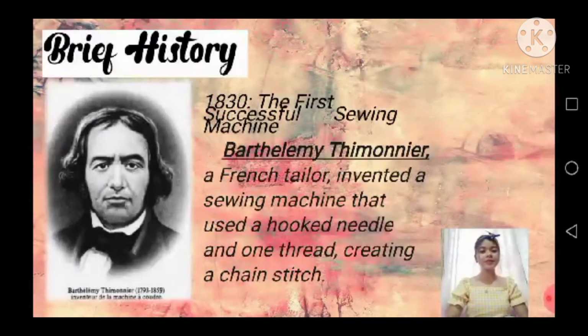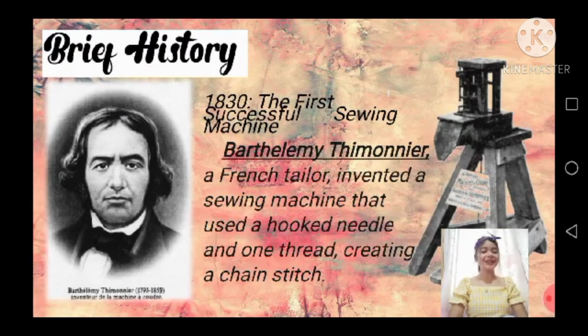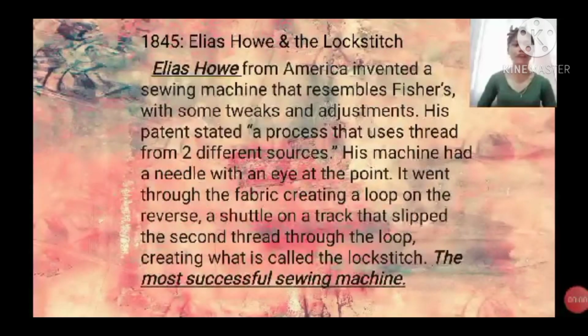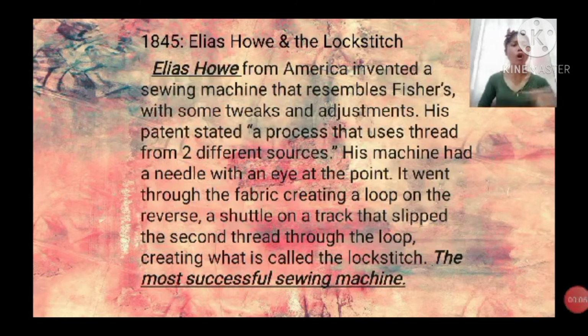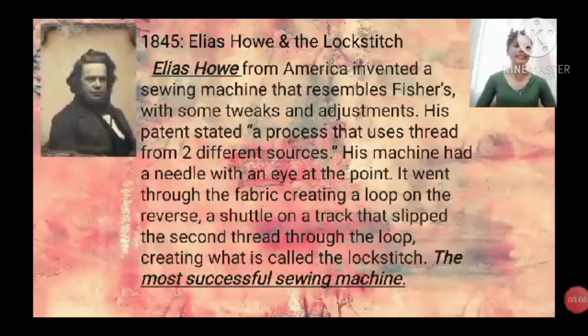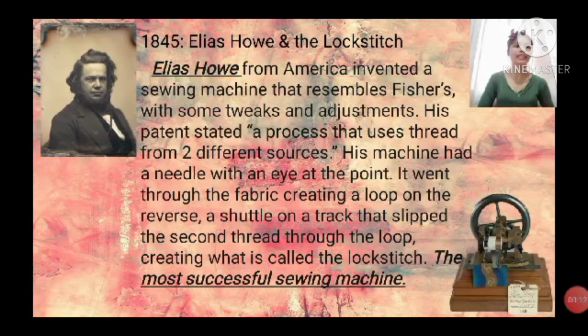So this is Barthélemy Thimonnier, who invented a sewing machine that used a hook needle and one thread, creating a chain stitch. In 1845, an American inventor named Elias Howe invented a sewing machine, and his invention is the most successful sewing machine, namely the lock stitch.